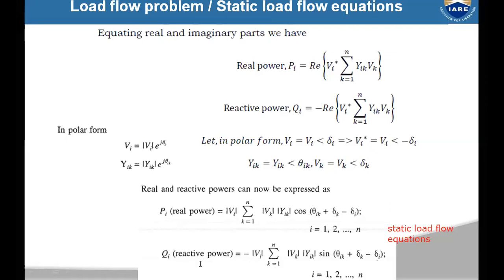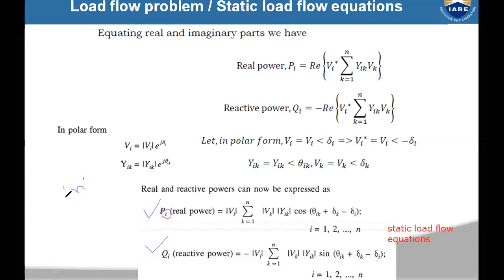Now here, if you observe, how many equations are you having? Two equations. For only one bus, if you take bus I, you have an active power equation and a reactive power equation, right? Like that you have n number of buses. If there are n buses, how many equations will you get?